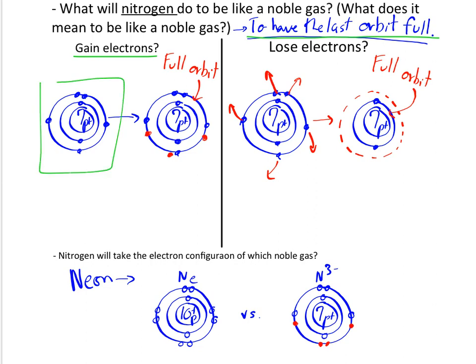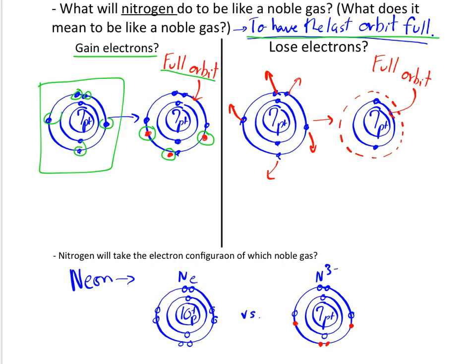On the left side I have the regular atom, 7 protons and 7 electrons, so the charge is neutral, 0. So first option, to have the last full orbit, which has 1, 2, 3, 4, 5 valence electrons, you could add 1, 2, and 3 electrons. So that's one way of being like a noble gas. Now the last orbit is full.